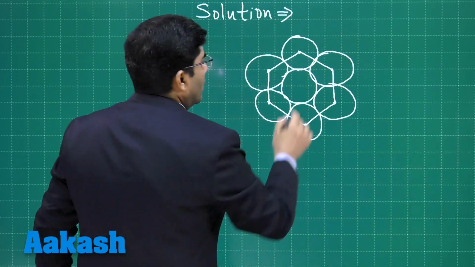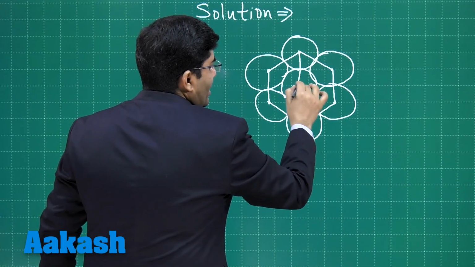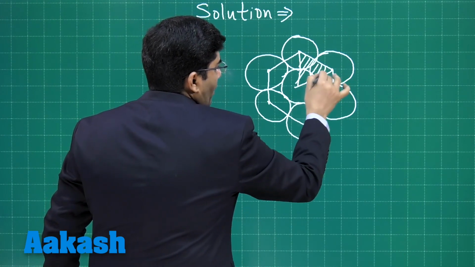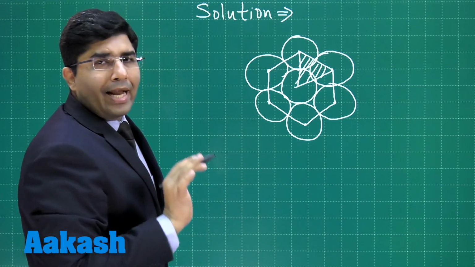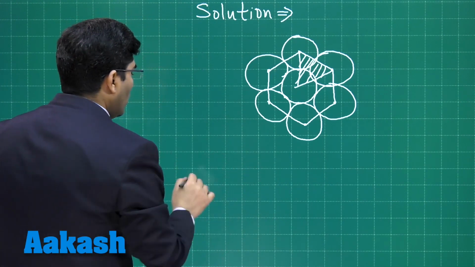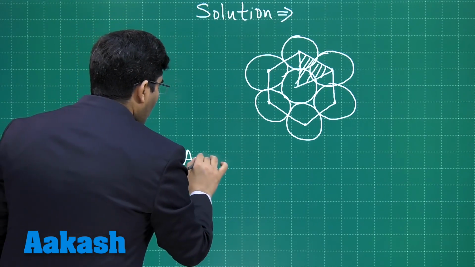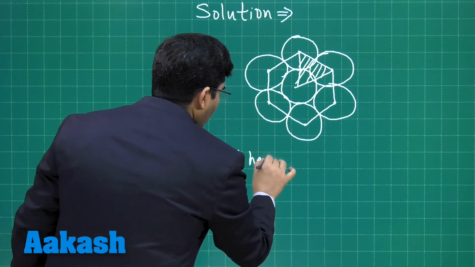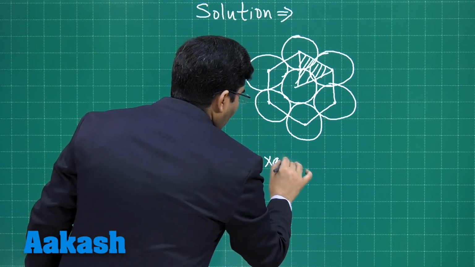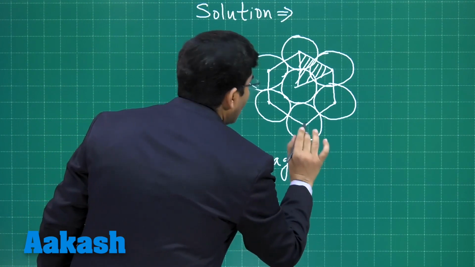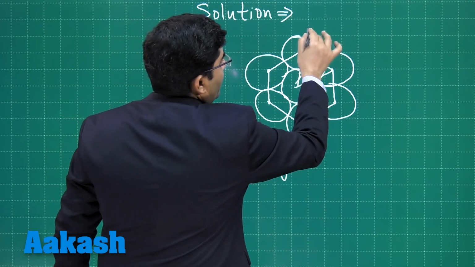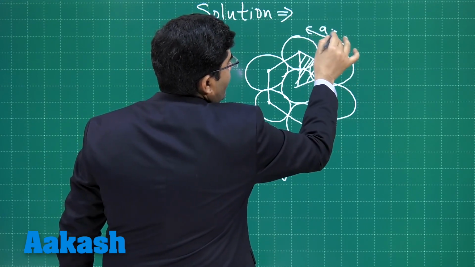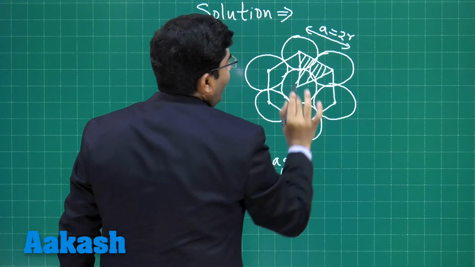So we know that this is an equilateral triangle, right? So the area of hexagon. Now let us suppose this distance is A, and this A will be equal to 2r, right?